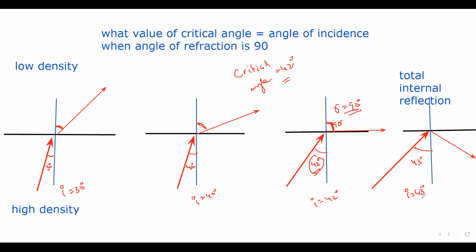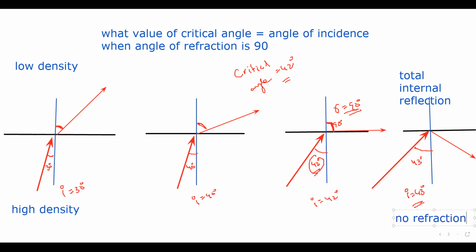If the angle of incidence is more than 42, like 43, what will we observe? We'll observe total internal reflection. It means there will be no refraction. All of the light bounces back, and we call that total internal reflection.